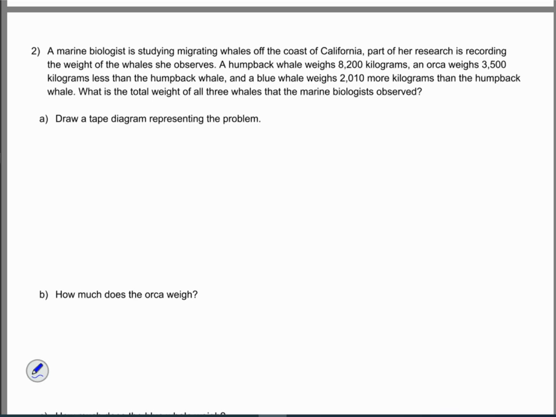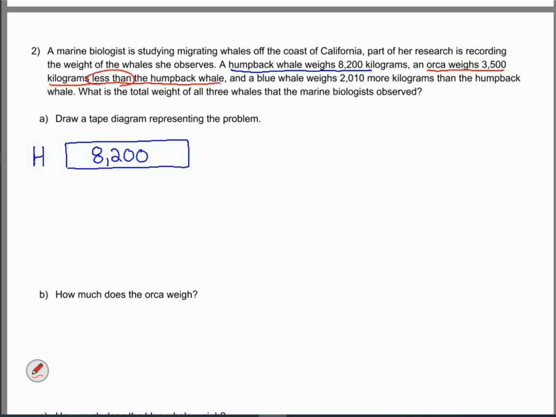So we have a humpback whale. I'll write an H. And I think we know how much that whale weighs. We do. That whale weighs 8,200 kilograms. So I just wrote this down because they tell us what it weighs. Okay, if I look at the next part of that sentence, an orca, which is also a killer whale, weighs 3,500 kilograms less than the humpback whale.